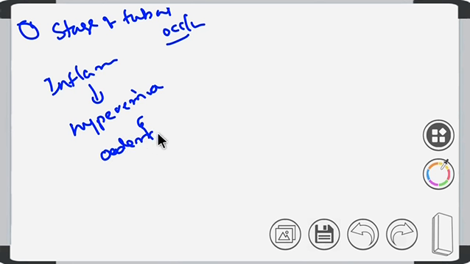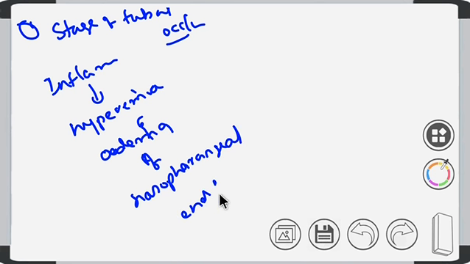So due to hyperemia and oedema, the nasopharyngeal end of the eustachian tube will be occluded.